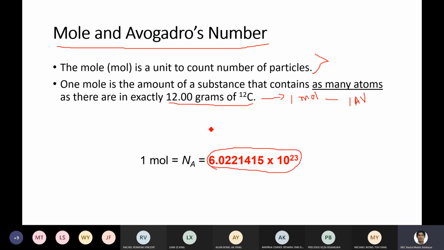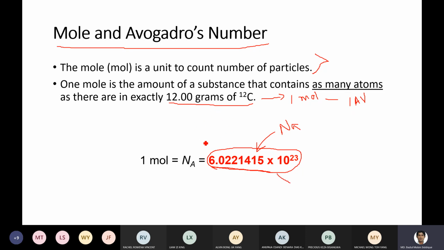So in any 1 mole of anything, 1 mole of copper, sodium, sugar, orange, 1 mole of data, that means now we call it 1 megabyte, gigabyte, so maybe we can call 1 mole of byte. Everywhere it will be this number of that component. If we take 1 mole of sodium, in that sodium there will be Avogadro's number of atoms.